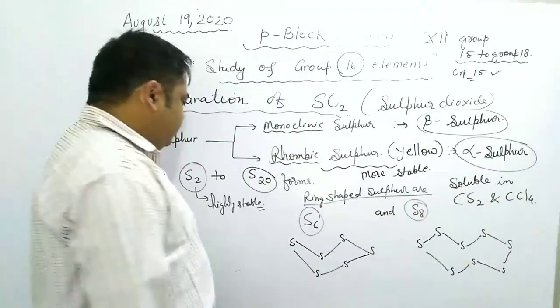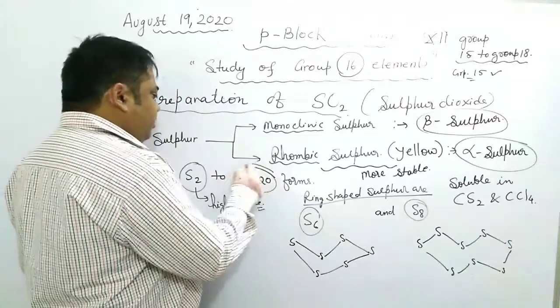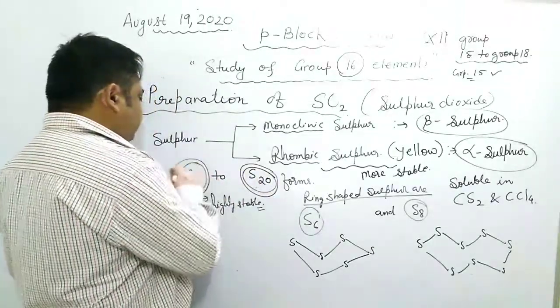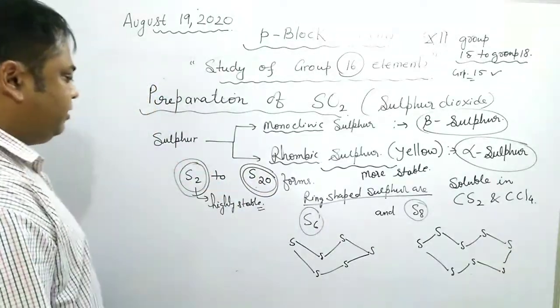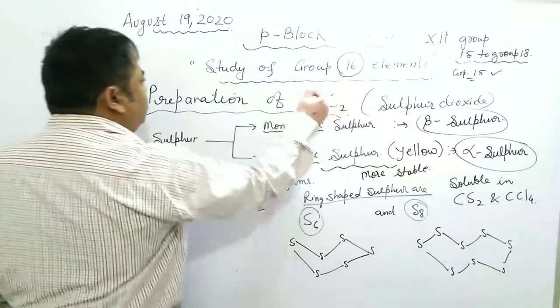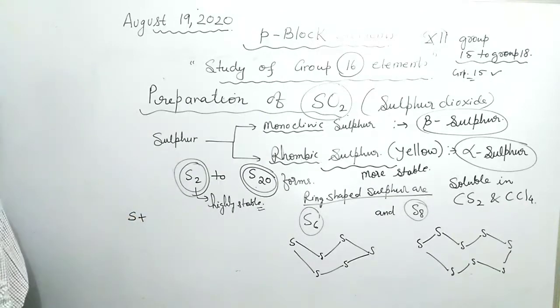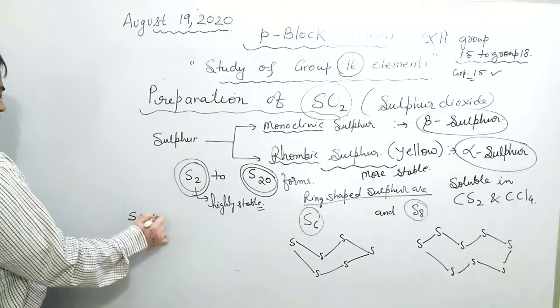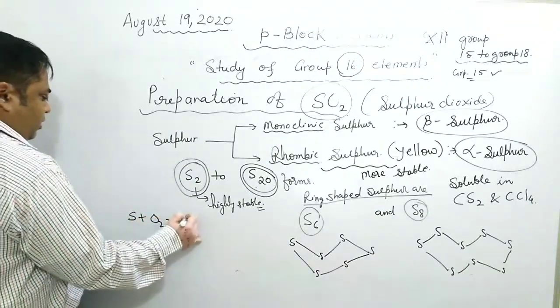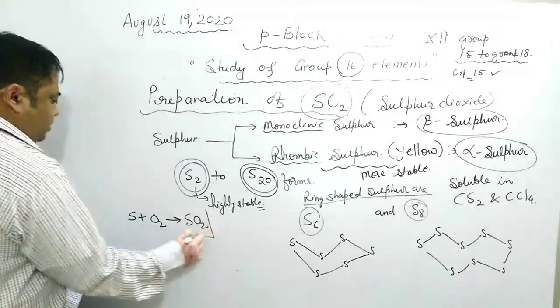So in this way, S2 to S20, different types of sulfur can occur. And SO2 is prepared just by heating any of the sulfur in the presence of oxygen. It gives SO2 gas, as simple as that.